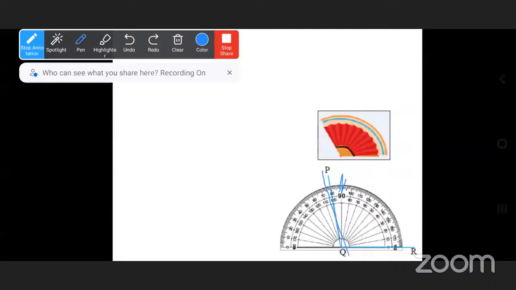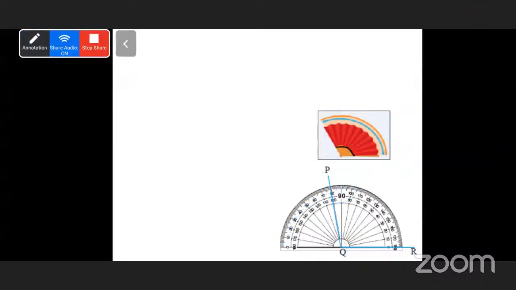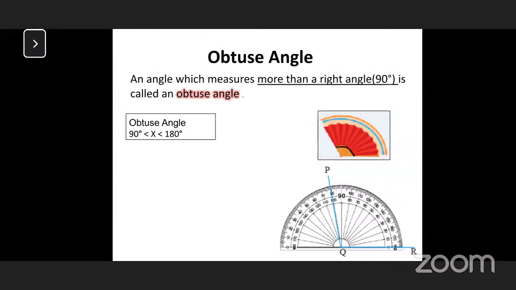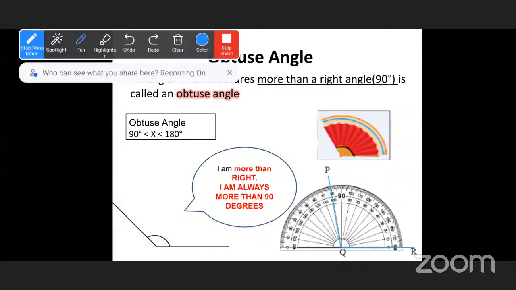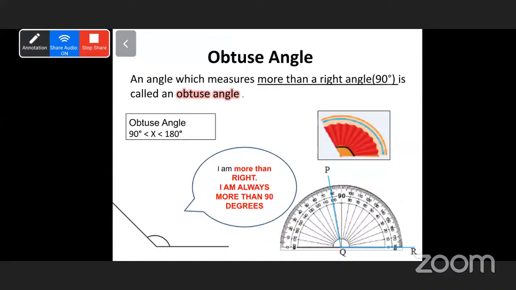So if the measure is more than 90 degrees, or in other words, if it is less than 180 degrees but more than 90 degrees, we call it an obtuse angle. An angle which measures more than a right angle, more than 90 degrees, we call an obtuse angle. Obtuse angle is more than right, because it is always more than 90 degrees. This is how you can remember it.